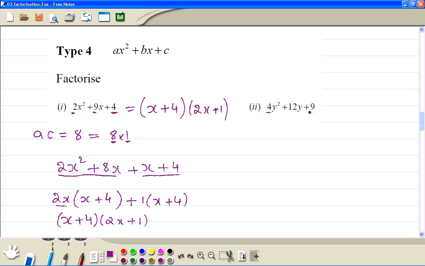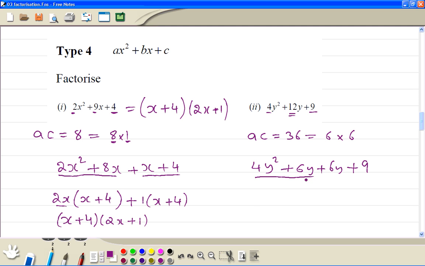A is equal to 4, C is 9, so AC is equal to 36. Factors of 36 that add up to 12 are 6 times 6. So we write 4y squared plus 6y plus 6y plus 9.